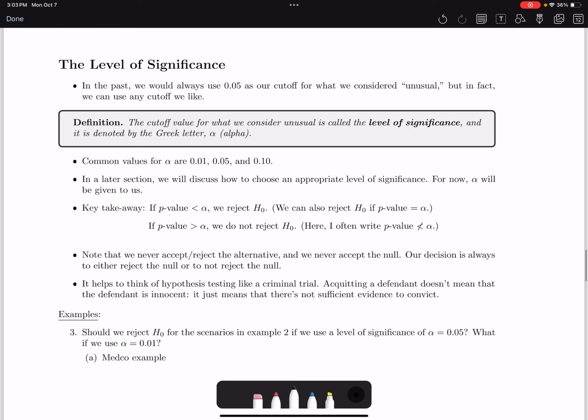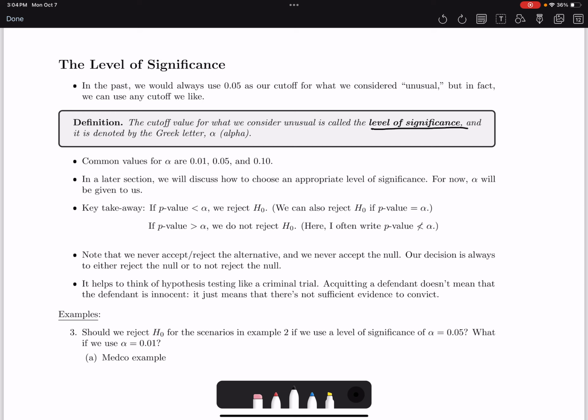The last piece of the puzzle is the level of significance. In the past, we've always used 0.05 as our cutoff for what we would consider unusual. But in fact, we can use any cutoff we like, as long as we set that cutoff value before we actually run the experiment. That cutoff value is called the level of significance.